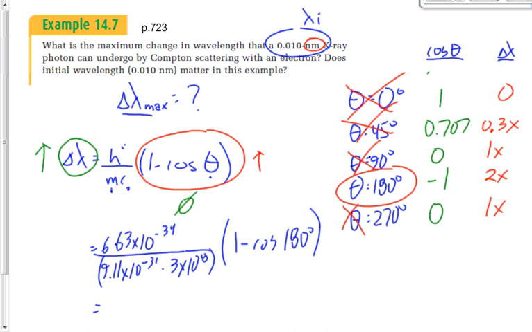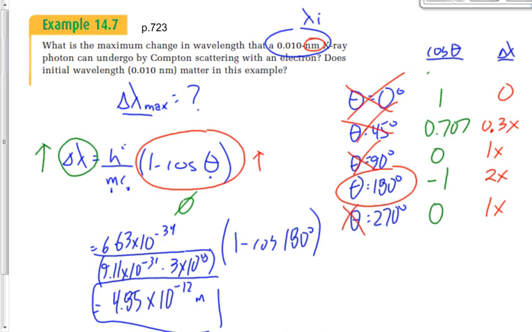Kate, do you have that there? Thank you, Parker. We get 4.85 times 10 to the minus 12 meters. That's our biggest possible change in wavelength, because there's no other angle besides 180 that will produce a number inside those brackets that's 2 or more. 180 produces the maximum value inside the red circle, therefore the maximum value of delta lambda. Is that okay?